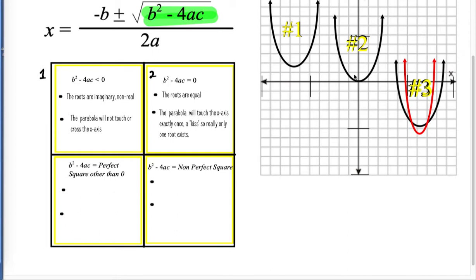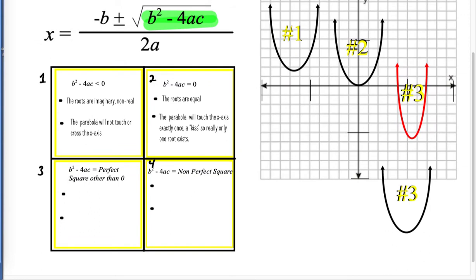Then we get down to cases number 3, and we'll call this one 4. All right, so I came over here in case number 3, and I separated them. So what happens when b squared minus 4ac is a perfect square other than 0? Now, we are talking about anything that's greater than 0.